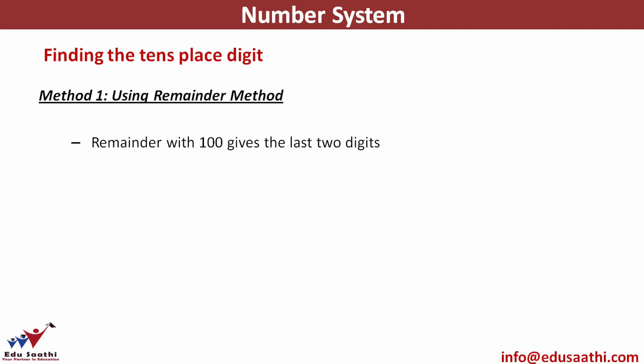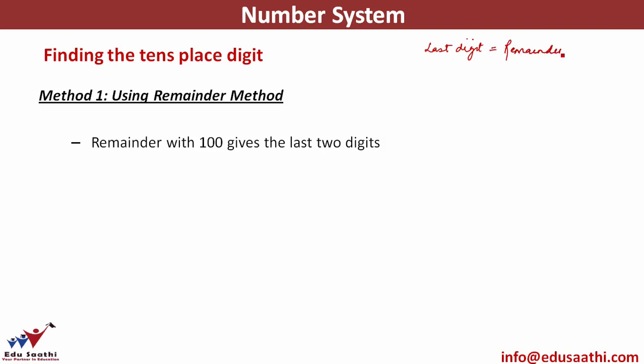Though we have not done the concept of remainders as of now, we'll do it as we move along the presentation. So you can just learn the concept for the time being, that remainder with 100 would give you the last 2 digits. If you have to find out the last digit, the method we have just done, last digit is also the remainder with 10.